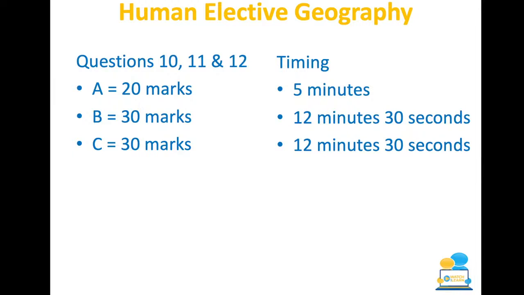Now sometimes students say, Key, I can't do a section like B in 12 minutes 30 seconds. How can I get a 30 marker, get 15 SRPs in that time, okay? Well, one thing I would always say is practice, okay? At the start, yes, it is difficult, okay?